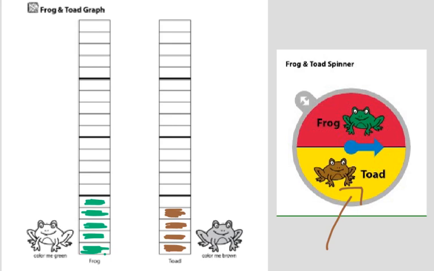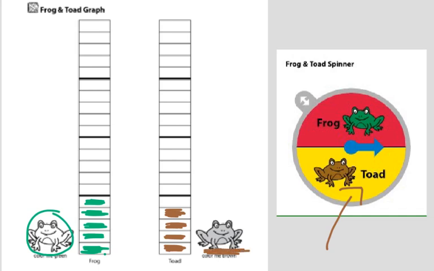Now I have a couple of questions to ask you about your graph. Which one has the most, frog or toad? Frog. Which one has the least, frog or toad? Toad. Nice job.